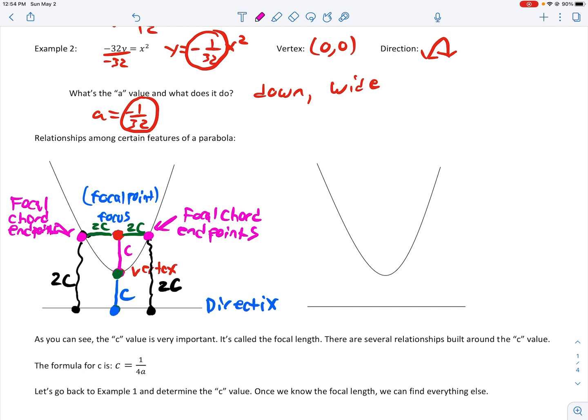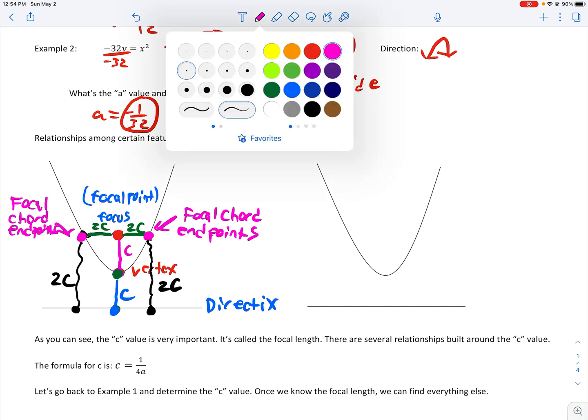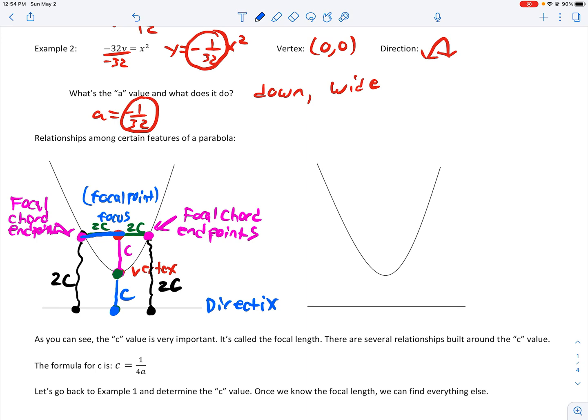The focal chord is the whole length. So that would be this blue line there. That's the focal chord. If we wanted the focal chord width, that distance would be 4c. 2c plus 2c.